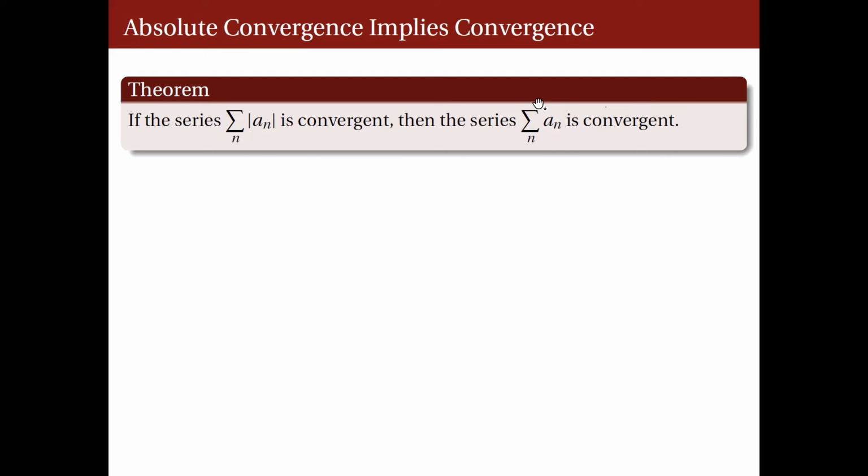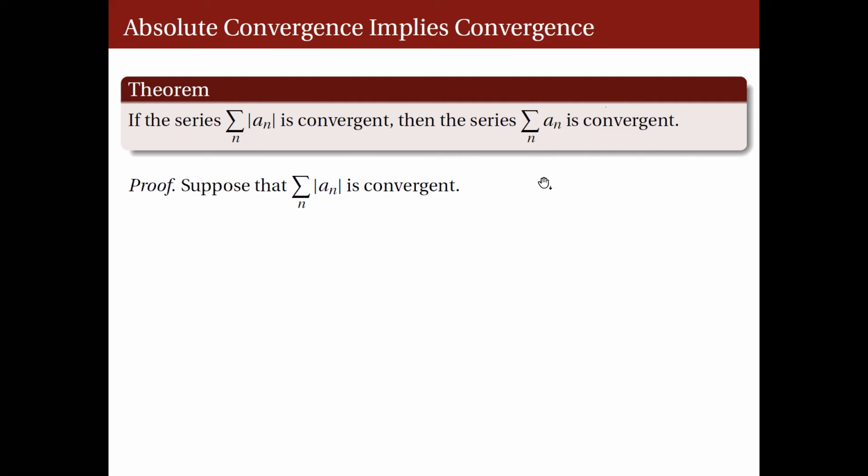So para magamit yun, titignan mo muna or i-determine mo muna if this series is convergent, yung may absolute values. So bago tayo mag-example, pakita natin yung proof. So ito yung assumption. The series with absolute values is convergent. So we want to show that yung walang absolute value is also convergent.